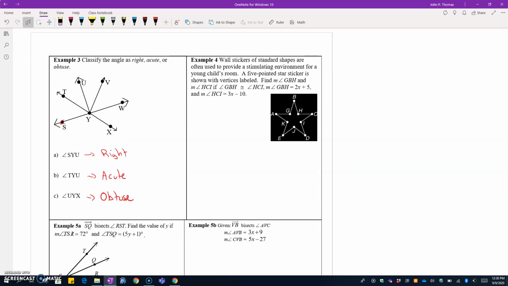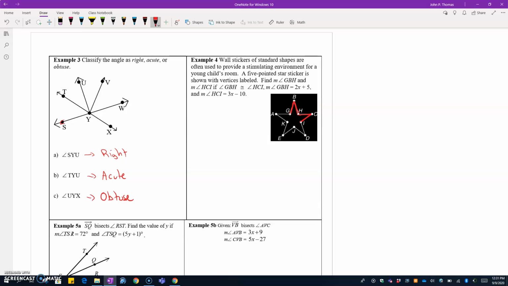It says wall stickers of standard shapes are often used to provide a stimulating environment for young children's room. A 5-pointed star sticker is shown with the vertices labeled. Find the measure of angle GBH, so G to B to H, so one of the points of the star, all right, and HCI, all right, which is another point of the star.